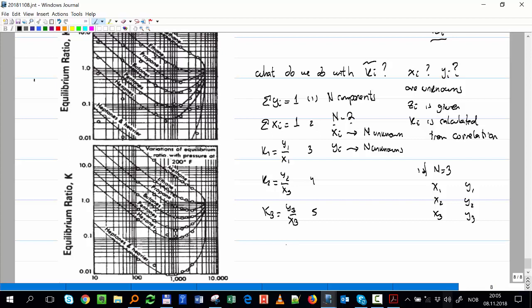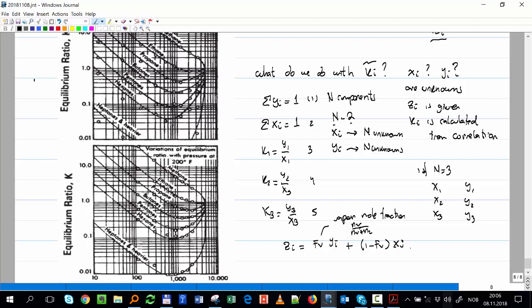We know also that zi is, if we introduce now a new factor, FV times yi, where this is the vapor mole fraction, which is the number of moles of vapor divided by the vapor plus the liquid. And we know that it has the following relationship: plus 1 minus FV times xi for each component.